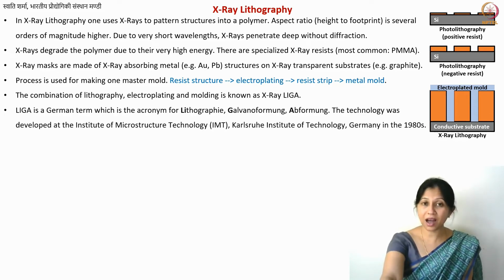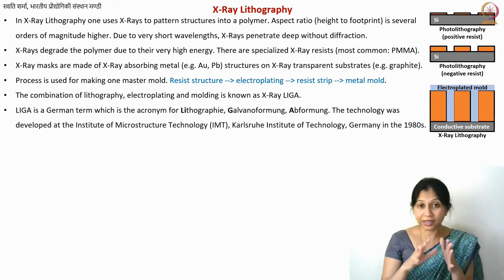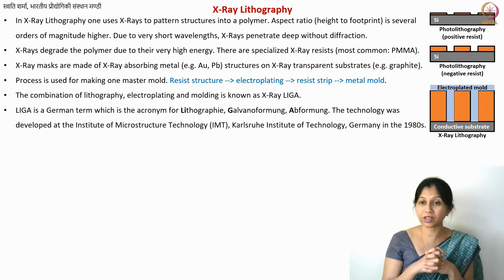LIGA comes from the German words Lithographie, Galvanoformung, Abformung. This technique was developed in the 1980s at the Karlsruhe Institute of Technology in Germany, and this German term is used for this kind of technique.